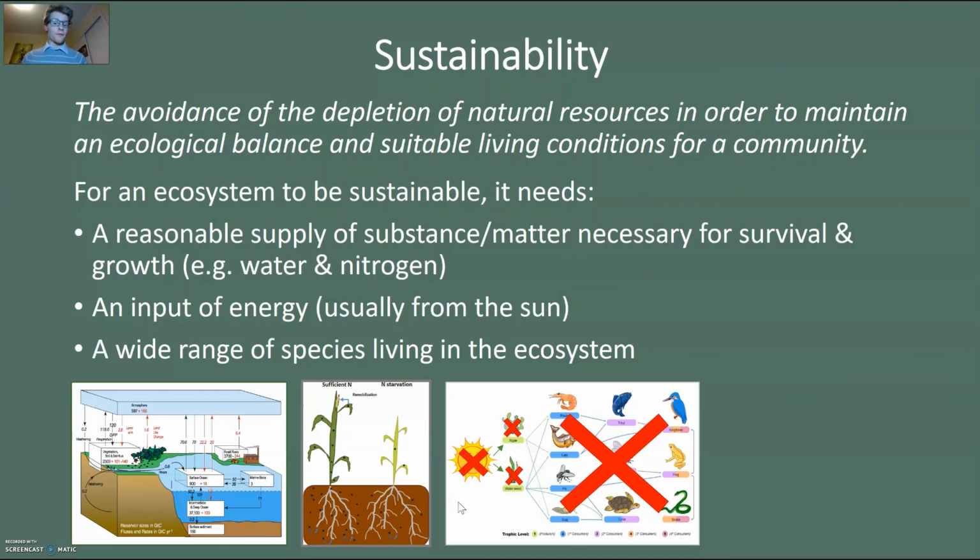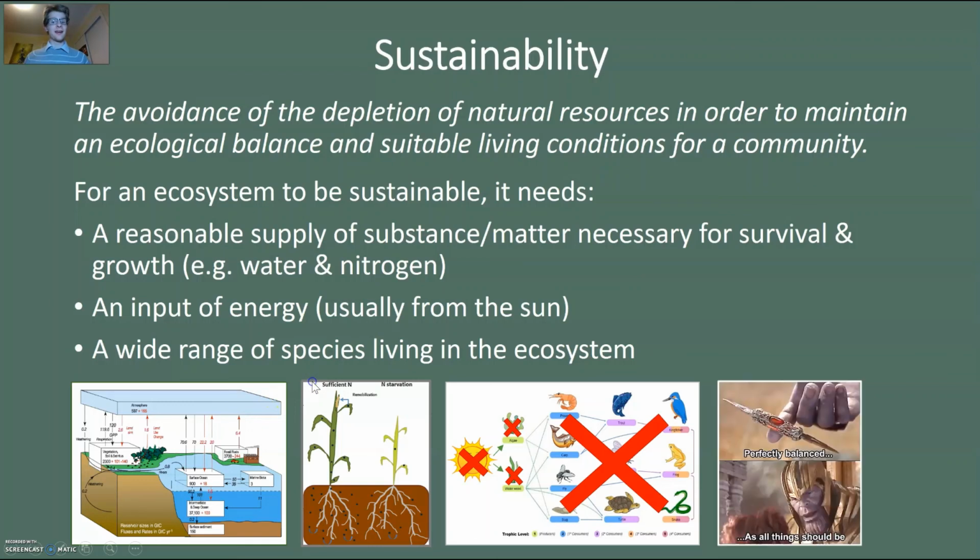Likewise, if an ecosystem doesn't have an input of energy, or if it's not biodiverse enough, then it's not going to be self-sustaining. Ecologists use models like food webs and the carbon cycle to help understand how an ecosystem can be self-sustained, and how we can make an ecosystem sustainable. Also to ensure that an ecosystem is perfectly balanced.